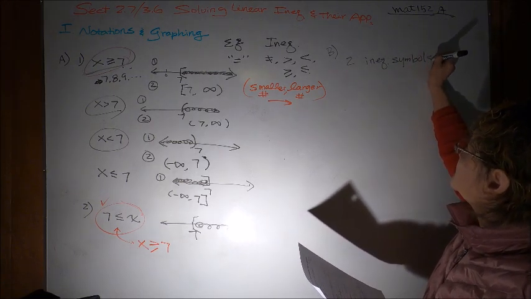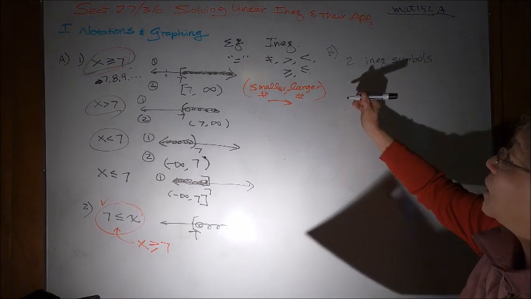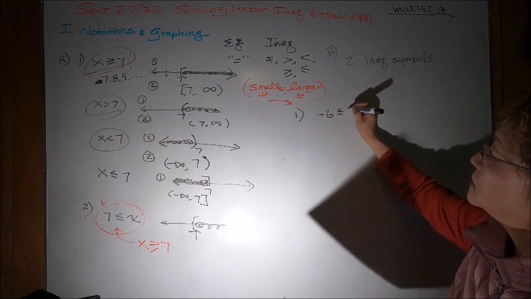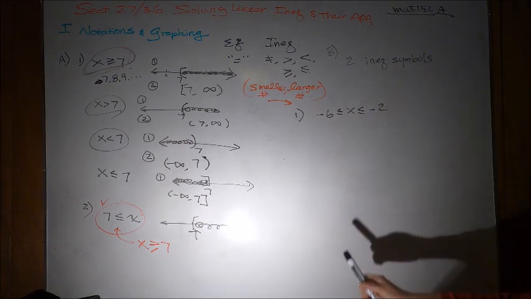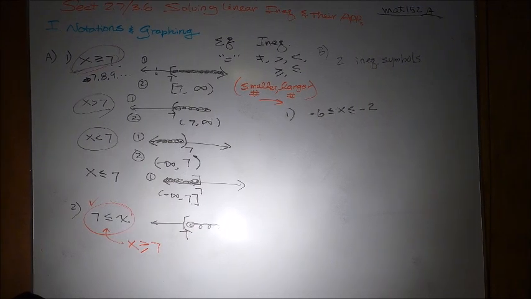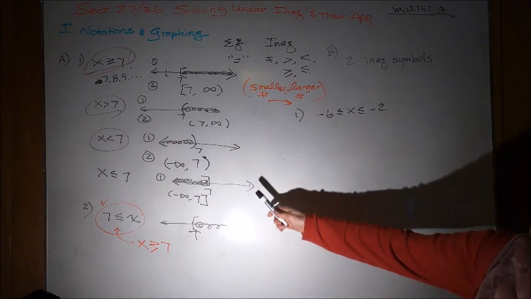We don't do 3 at the same time. Okay? So for 2 inequality symbols, what do we need to do? We are still finding the solutions for the inequalities, right? You have to show the answers. Then we say there are 2 ways to show the answers. One is what?